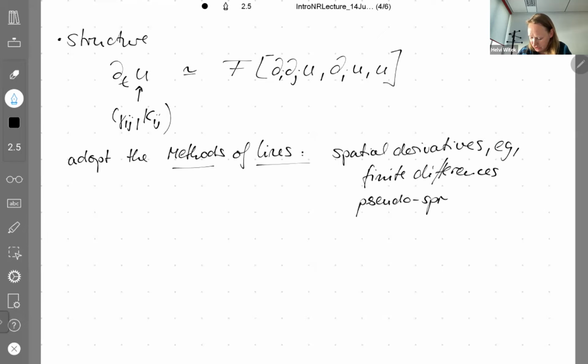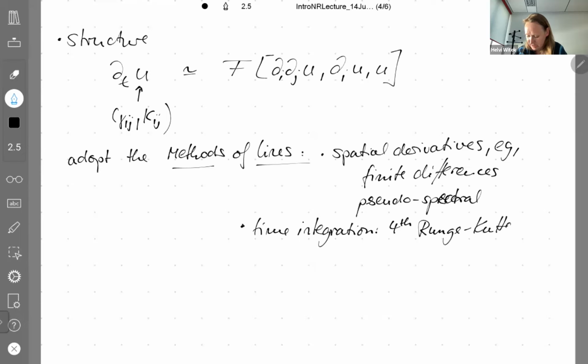So you have a free choice of what you're doing with your spatial derivatives, and you can choose a very different scheme for your time derivatives. So for example, we use most of the time a fourth order Runge-Kutta integration scheme, although the Einstein Toolkit actually provides a much larger variety of time integration techniques.